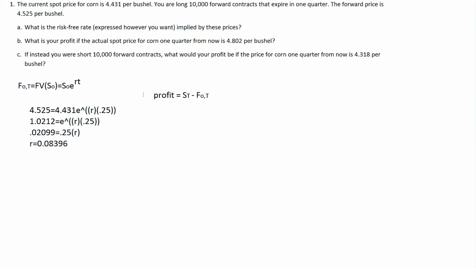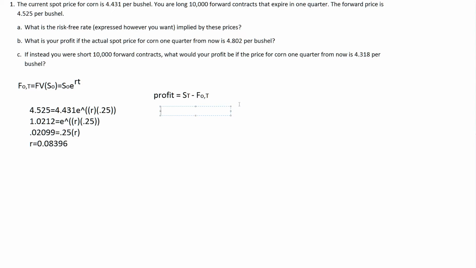So for part B here, we need to know that our profit for a forward contract in a long position is going to be the price of our asset at the time of the expiration minus the forward price. The formula is pretty simple.